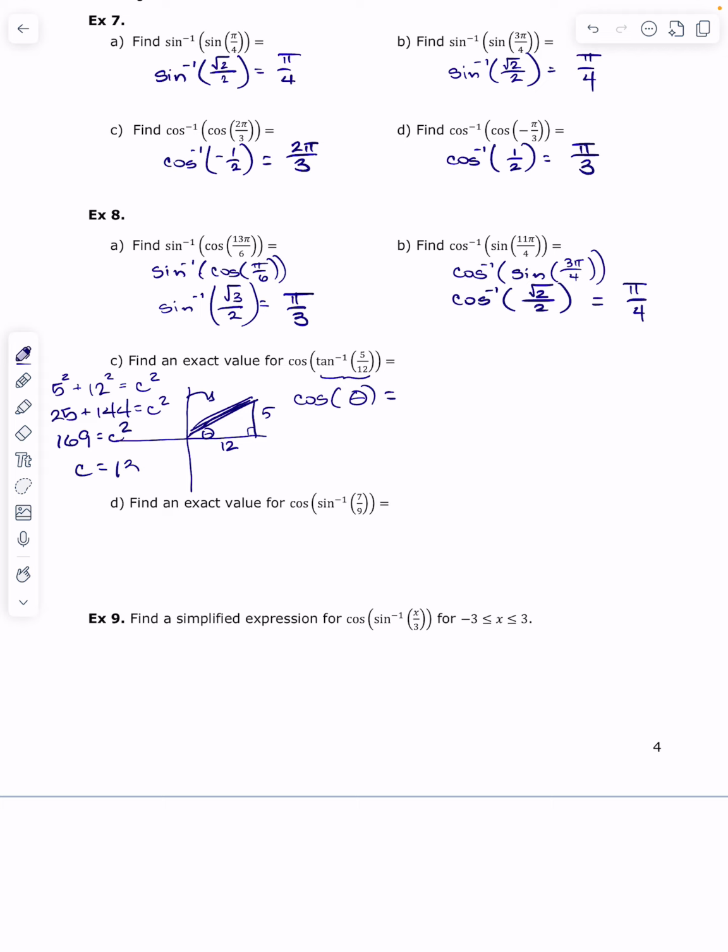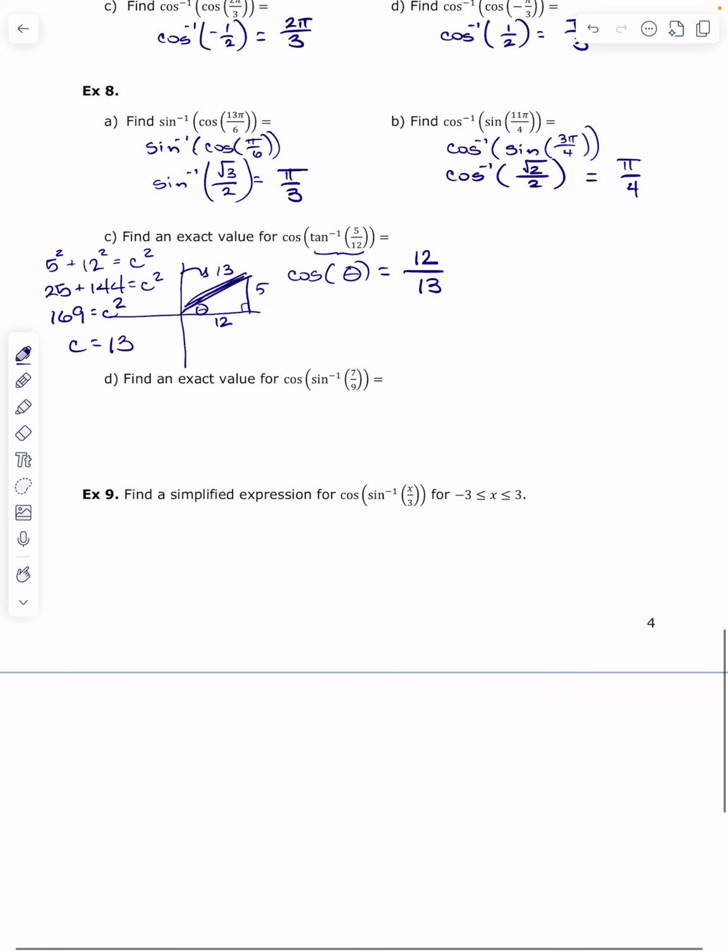So the length of that is 13. So the cosine now is 12 over 13. So we are going to draw the reference triangle in, figure out what the third side looks like and use that to find that trig value that we're being asked for.